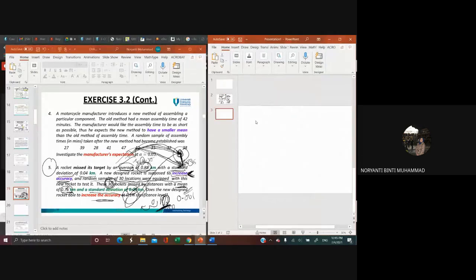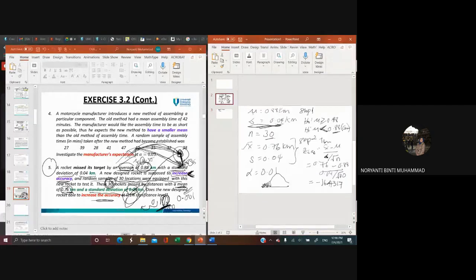Step number 3, you use Z-test, isn't it? So step number 3 is the critical value. The critical value you get from the statistical table. You know that in step 2 you used Z-test, so here you use the Z-table. You know that this is 1 tail, not 2 tail, so alpha should not be divided by 2. So 0.01.